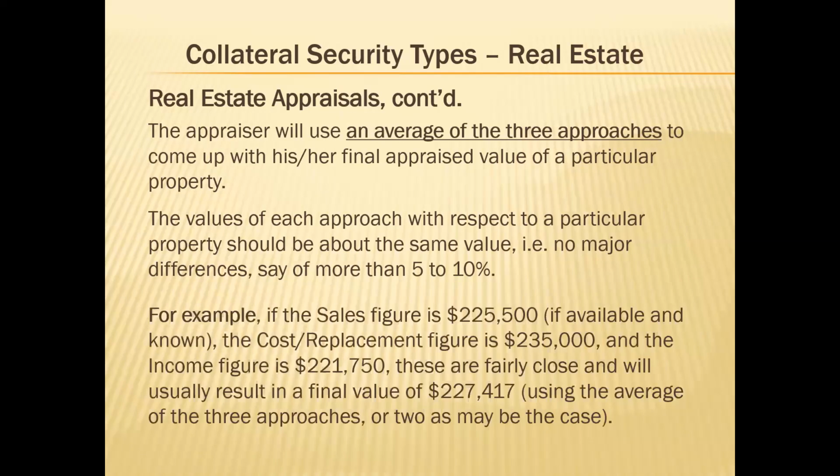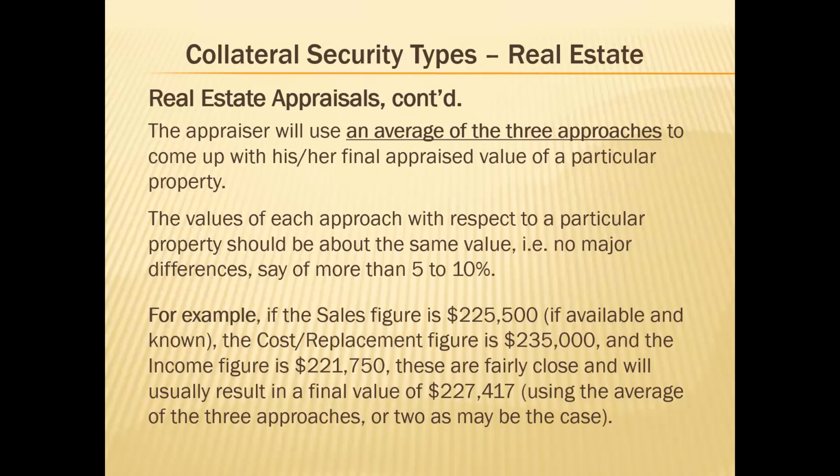So the example used in our book says, for example, if the sales figure is $225,500, the cost replacement figure is $235,000, and the income figure is $221,750, these are fairly close and will usually result in a final value of $227,000 odd, using the simple average of the three approaches, or two as the case may be.